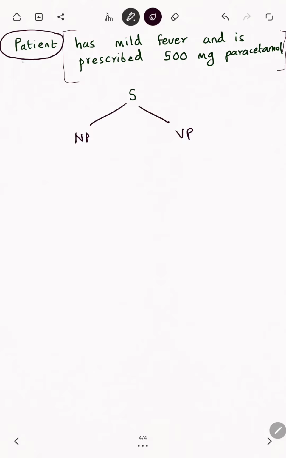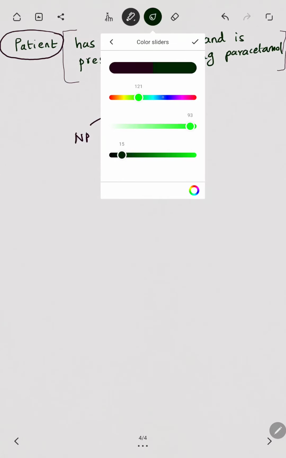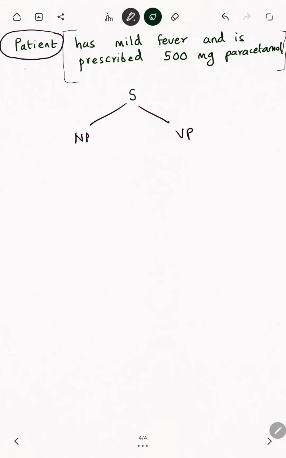So this is the noun phrase and this is the verb phrase. Now the verb phrase itself is a coordinated verb phrase.